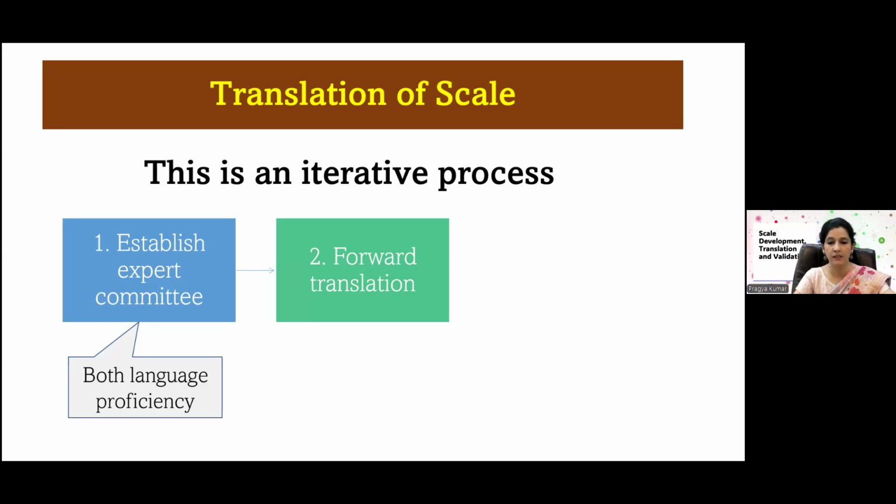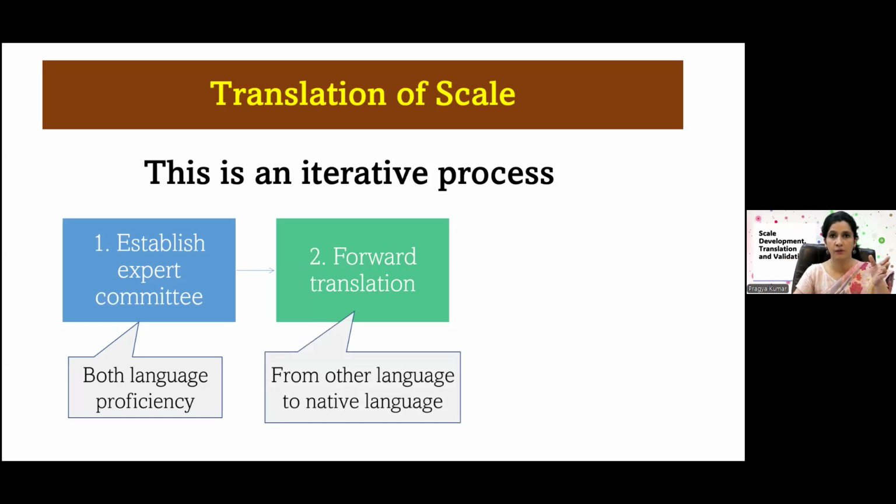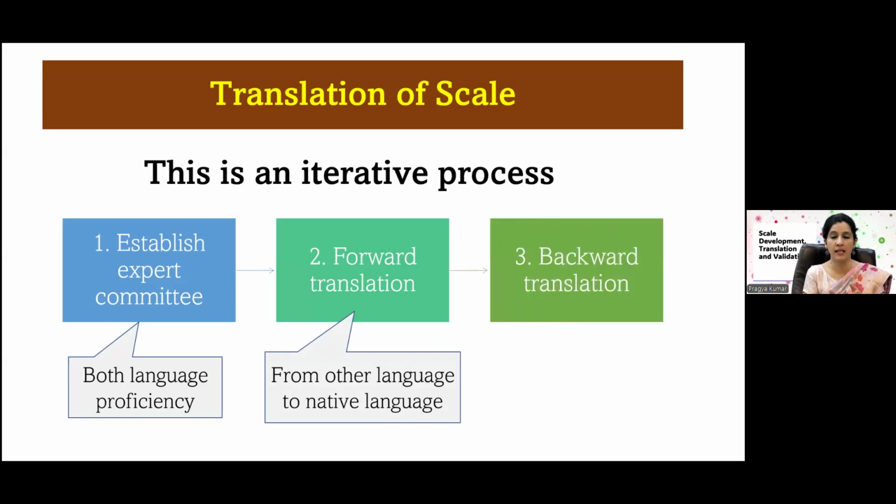Then another person does the back translation, from the local language to English. Then you compare both the original version and the translated version together. You sit together, all the 4 people, and decide what the format should be and how the translated version should be. It should not be done by a single person, because then you will not be able to take the decision.